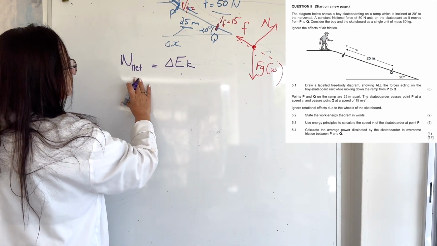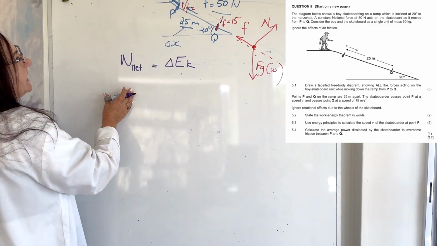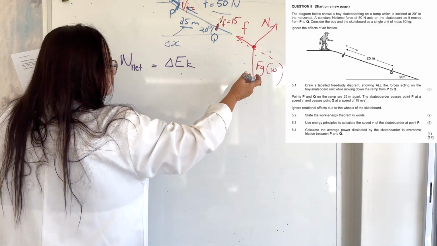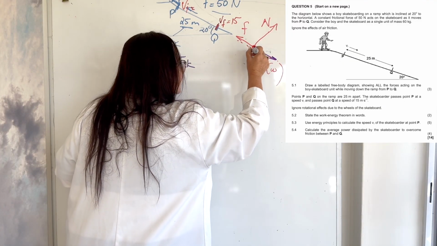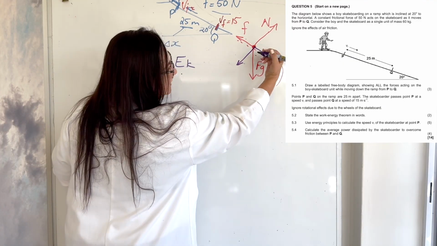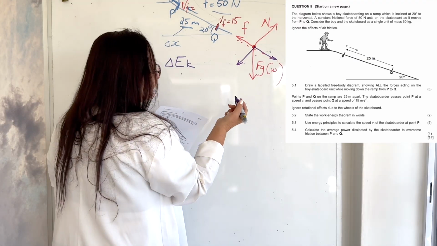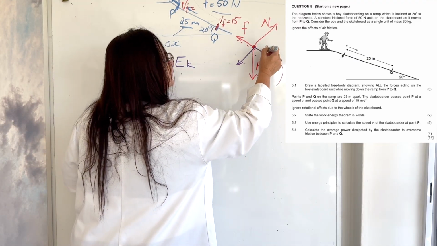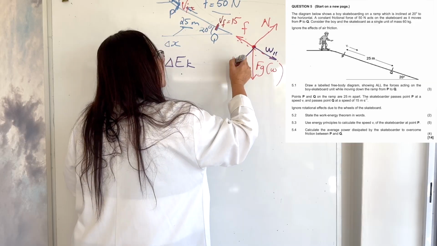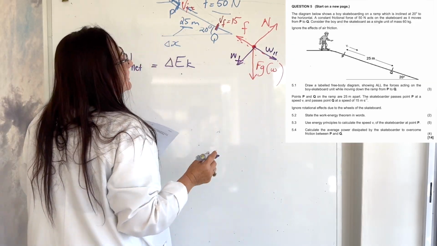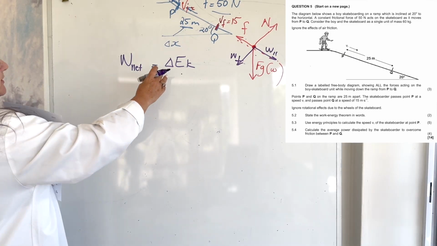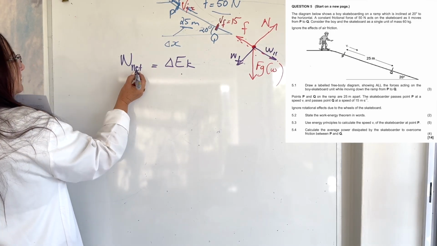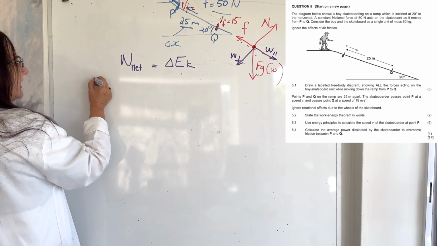I'm going to start with the work done by each of my different forces. But I personally like to work rather with my 2 components of weight. So here I'm going to work with my weight parallel, and here with my weight at a 90-degree angle. Alright, now I'm going to break this up. So I have to write, okay, the work done.